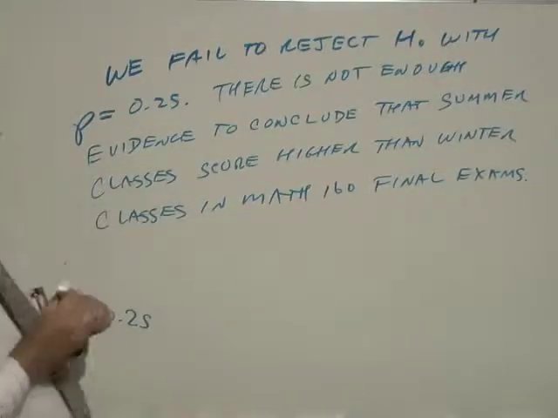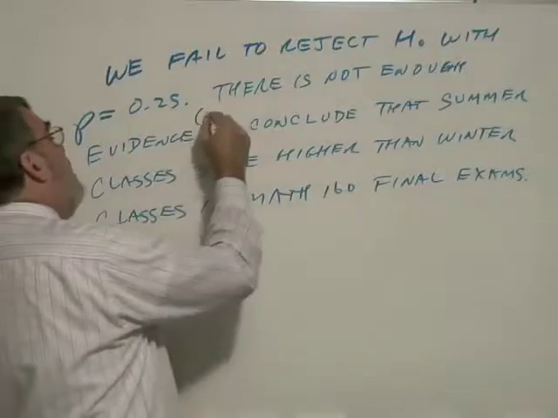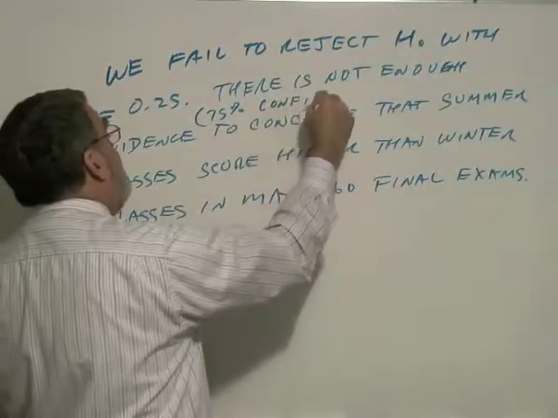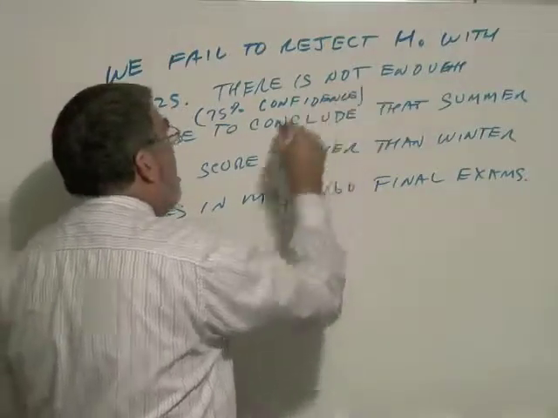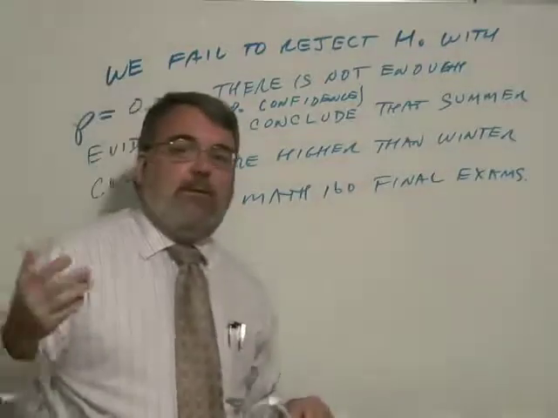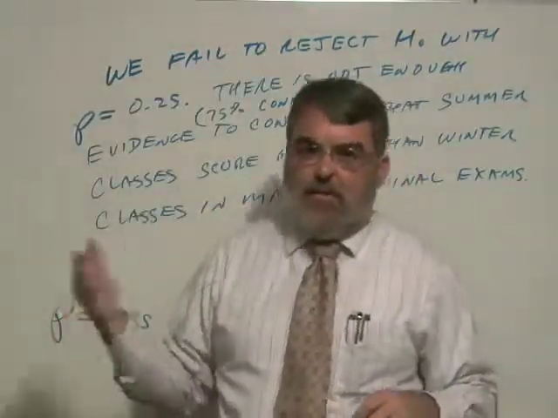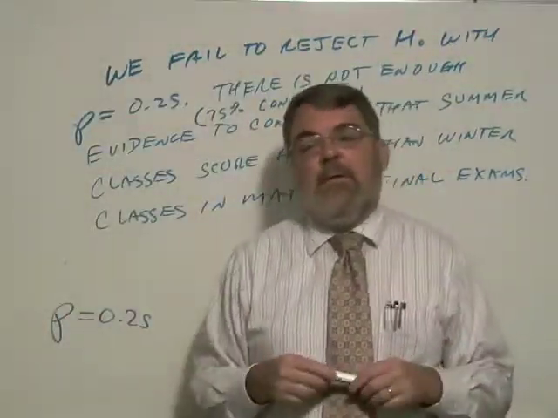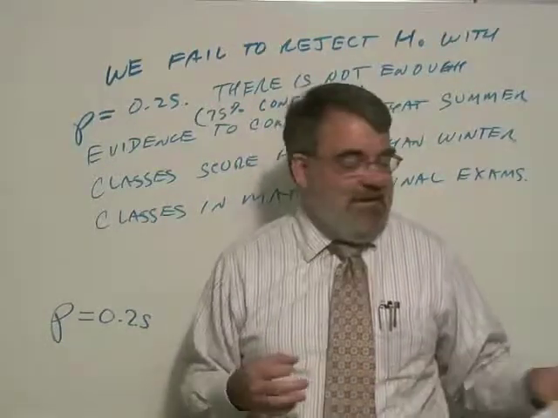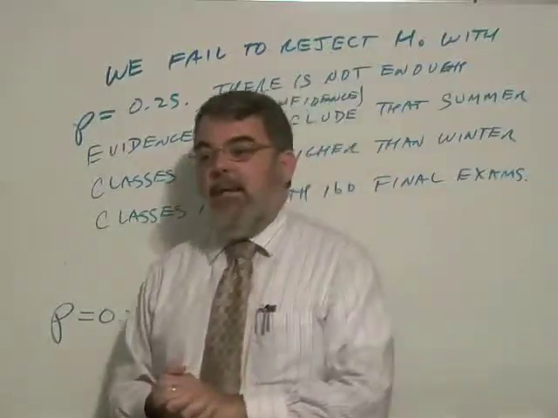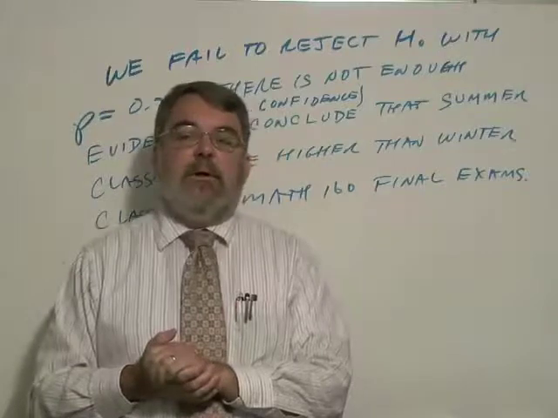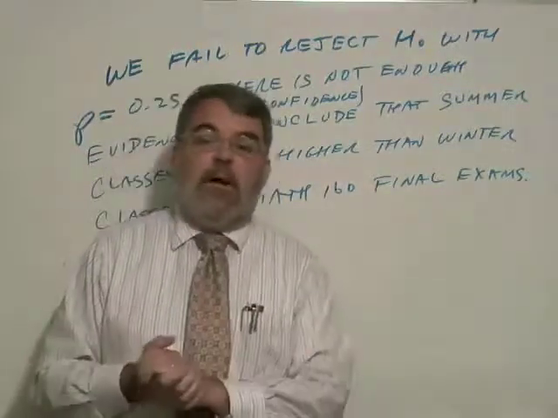And not enough evidence would be only 75% confidence. So I probably should have written that in there. But parenthetically, 75% confidence is, most people in statistics would regard that as way too low to accept an alternative hypothesis and reject the null. So these two samples, not enough. Not enough to tell us that summer classes are better than winter classes.